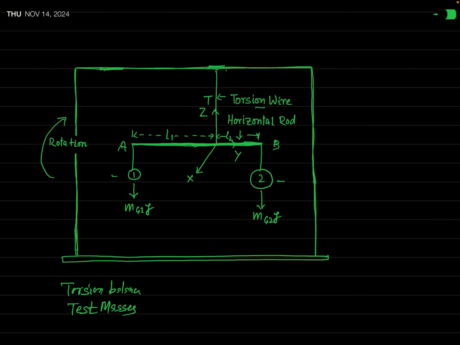Let us see. In fact, this apparatus was carefully isolated from other influences. When you say other influences, that means the apparatus was kept isolated from the effect of temperature changes and from air currents.